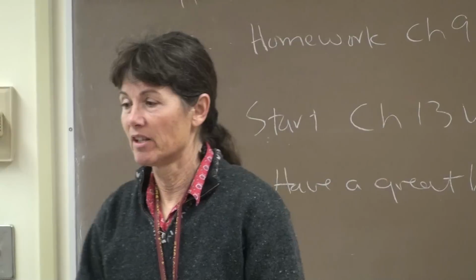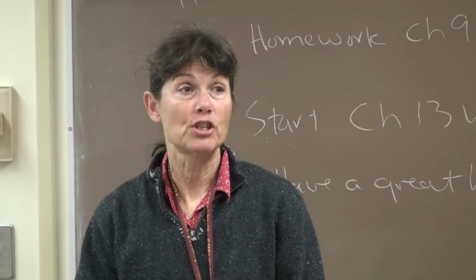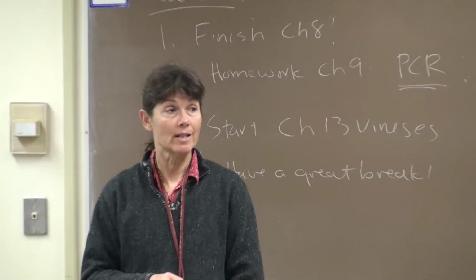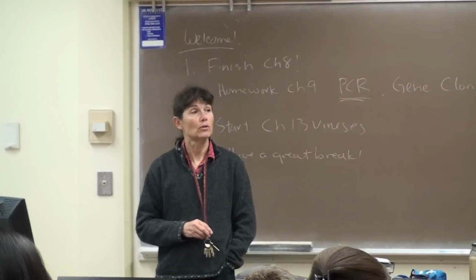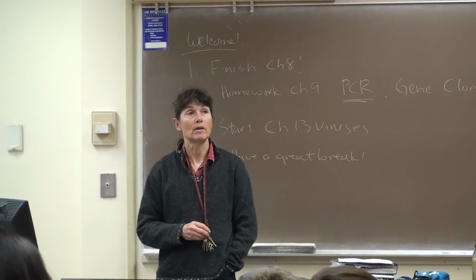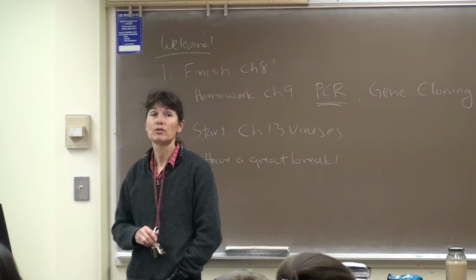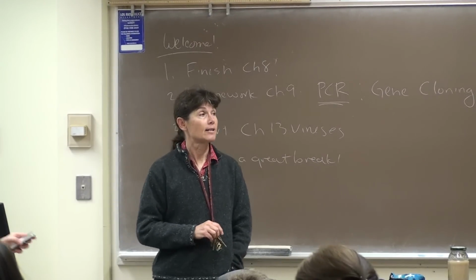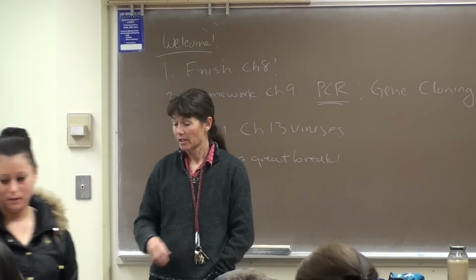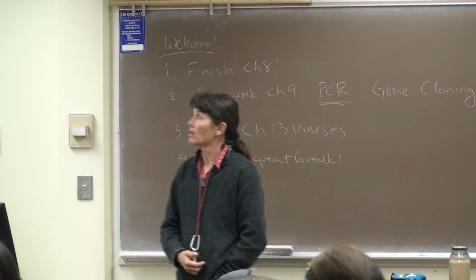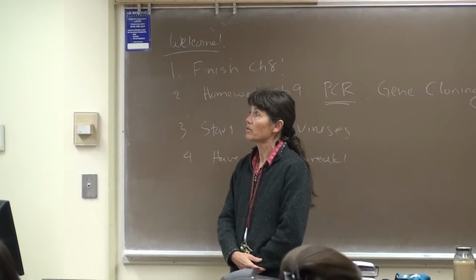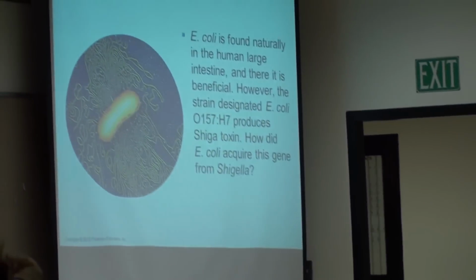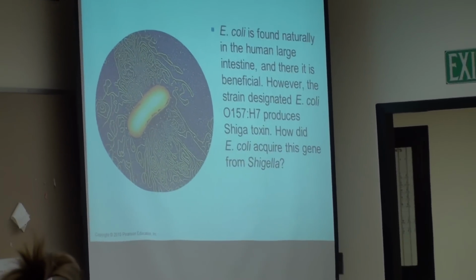So what we're going to do is very quickly finish off Chapter 8. You will recall that last time we finished a discussion of transduction, which was the horizontal transfer of donor bacterial DNA to a recipient by a bacterial virus, a bacteriophage. We used our discussion to understand how transduction can lead to the evolution of new emerging bacterial pathogens.